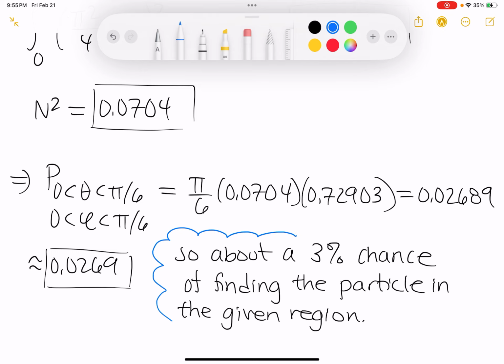And this is our answer. So the probability of finding the particle between theta from 0 to pi over 6, and phi from 0 to pi over 6, is about 3%. And that is my final solution.